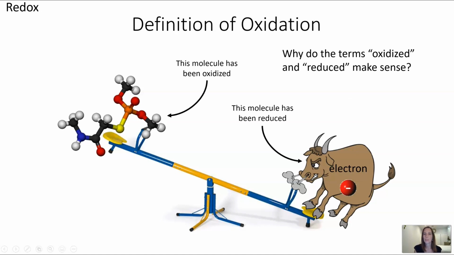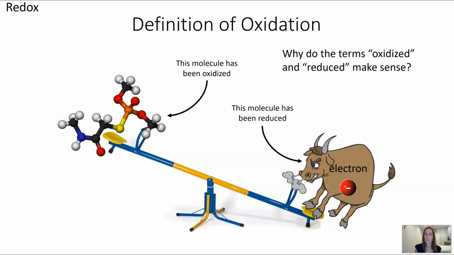Some terms you need to be familiar with here are oxidation and reduction. The molecule on the left has been oxidized, and the molecule on the right has been reduced. Why do these terms make sense? Oxidation makes sense because it's often oxygen that causes this. It's not always, which is a bit confusing, but if you just remember that oxygen is a common oxidizing agent, the molecule that has been attacked by oxygen is what's been oxidized.